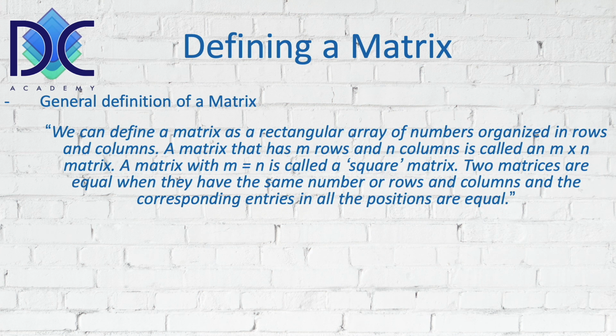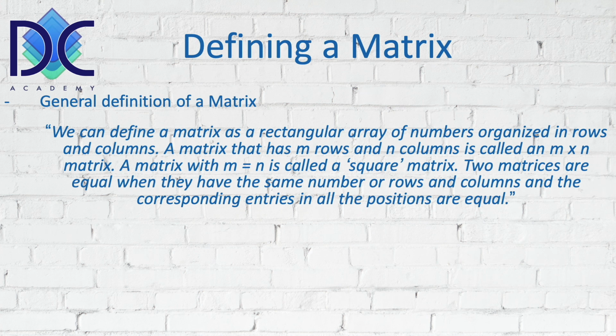Now, we can also define when two matrices are equal. Basically, two matrices have two conditions to fulfill in order to be equal. First of all, they have to have the same number of rows and columns. It doesn't mean that they have to be square matrices.